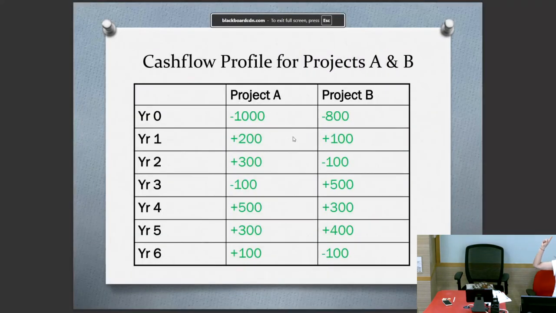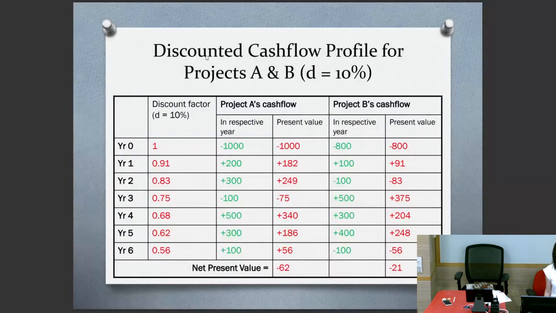So let's go back to the same case study that we have seen earlier. For project A and project B, we have different amounts of money that you need to pay, and different amounts of money you can save. And we can convert all these future money into present value. It would be like this.